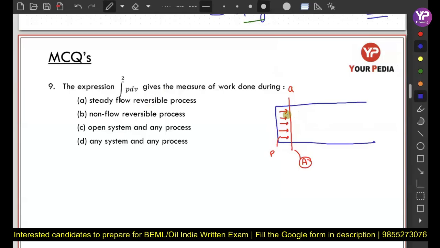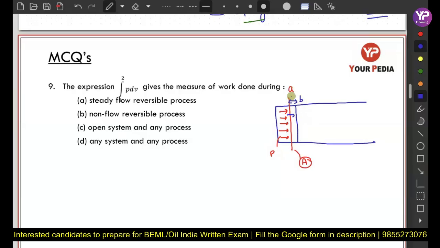I am assuming the pressure acting upon the piston is displacing the piston by a very small, infinitesimally small distance here. It is moving the piston from A to B. This distance A to B is very small.